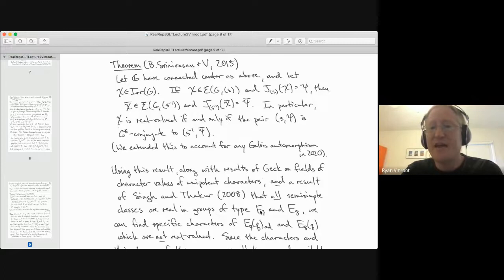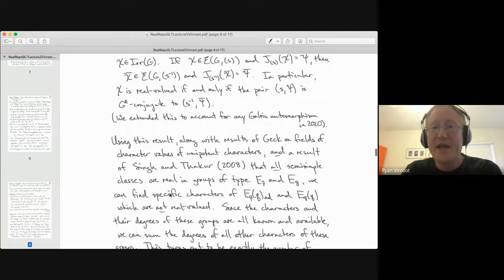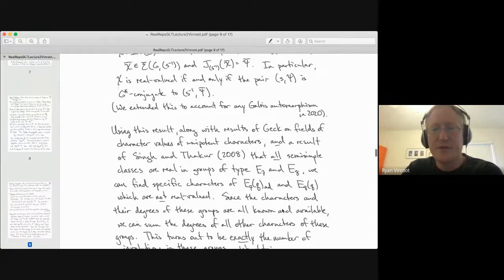And the fact that all of the semi-simple classes are real allows us to say that s is always conjugate to s inverse, and that allows us to go through. So why am I taking E7 adjoint type? This is because this comes from a connected center type group. E8 always has trivial center. Somehow E8 is the most cooperative of groups in these computations.